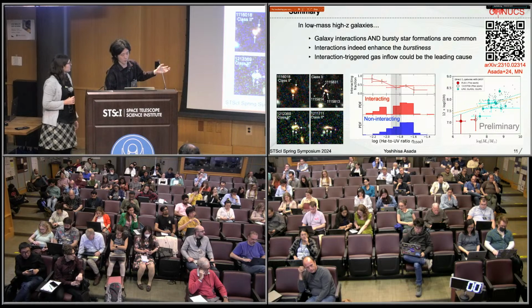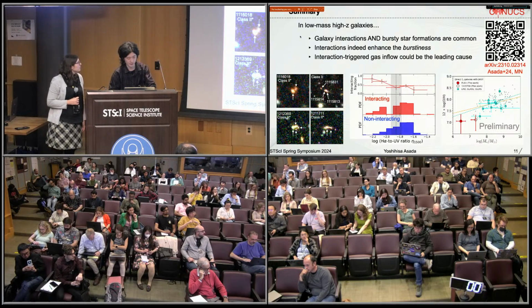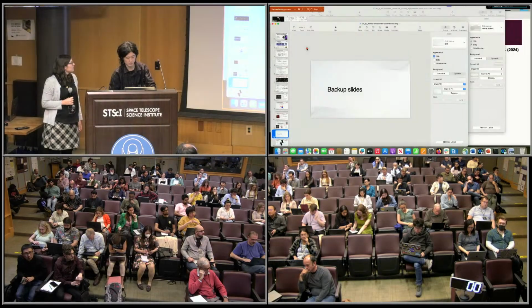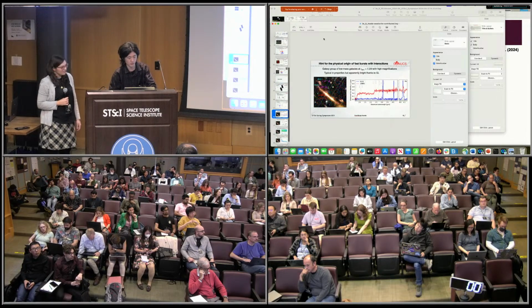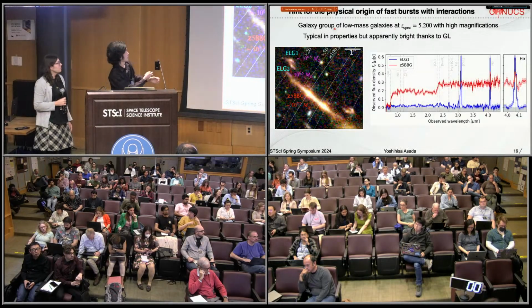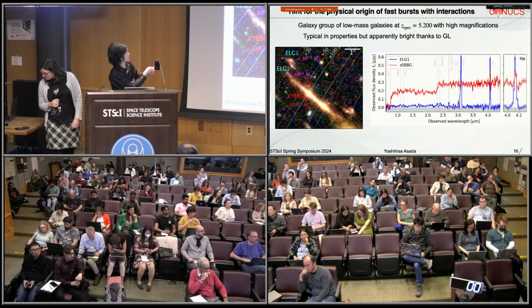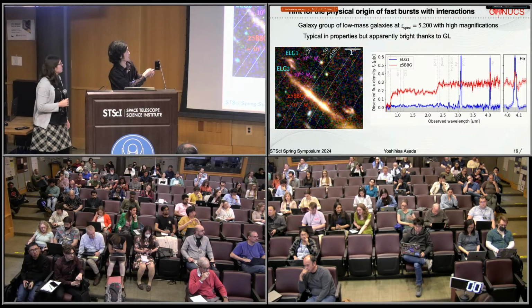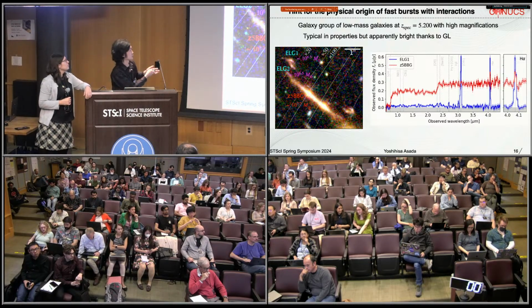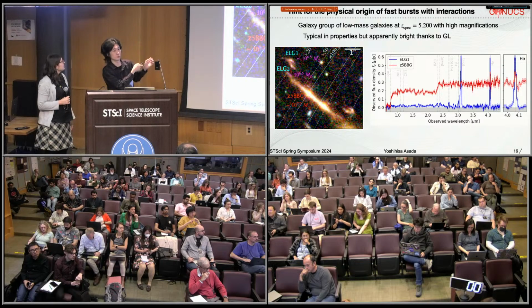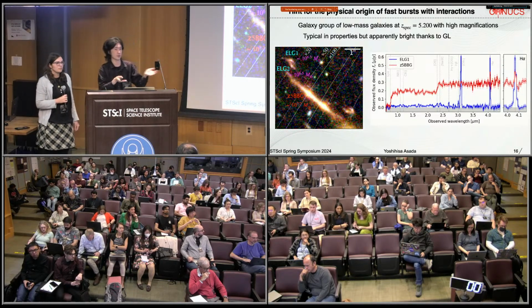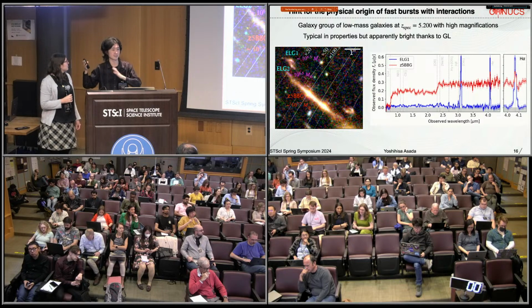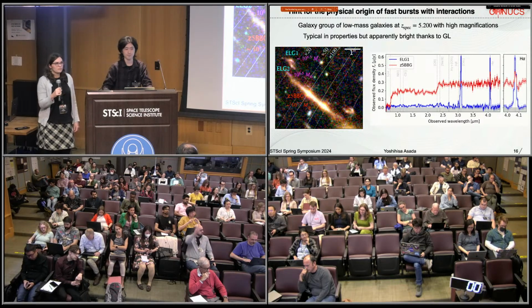One of the interesting points is this one: these two galaxies are both 10 to the 6.5 in mass, so this is a major merger. So we do have this kind of sample, but there's minor merger as well, and satellite versus main galaxy as well. So yeah, this is very interesting.